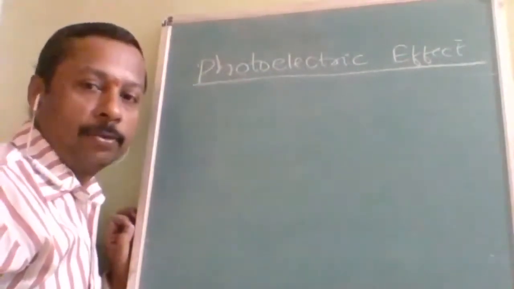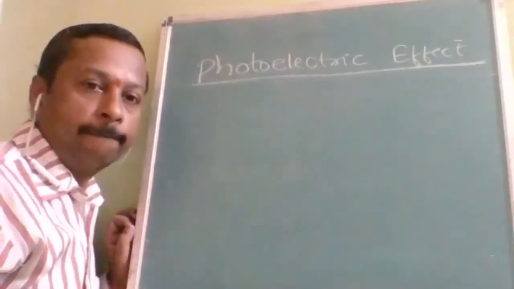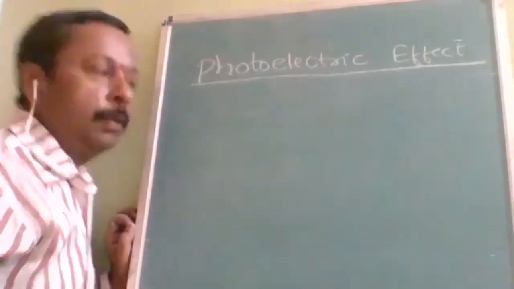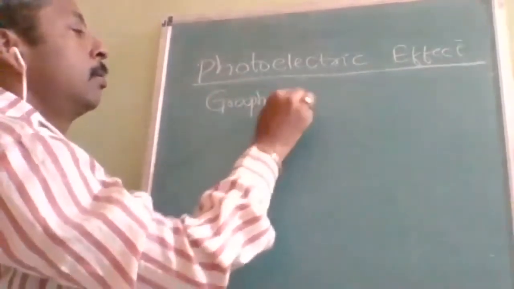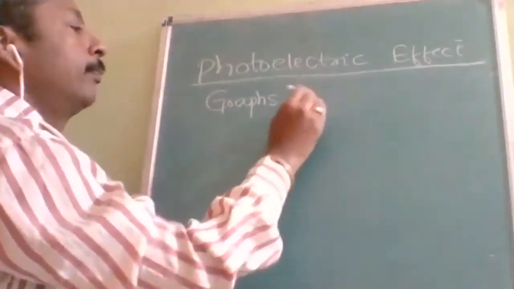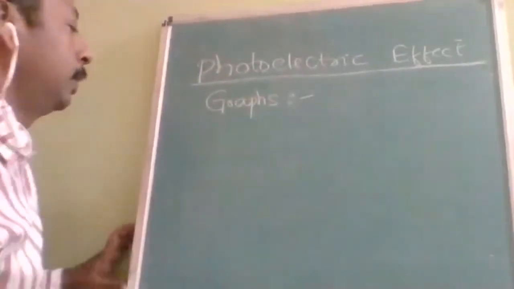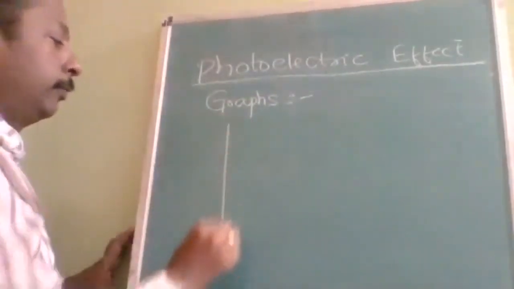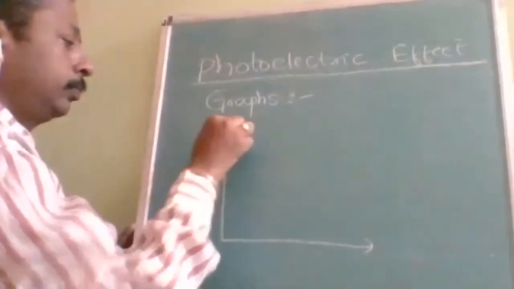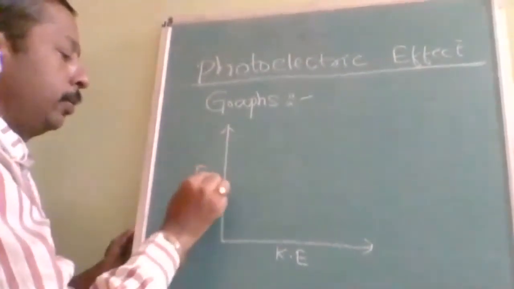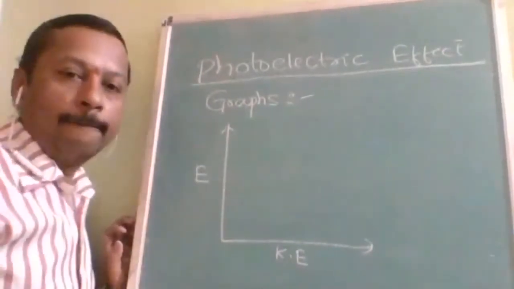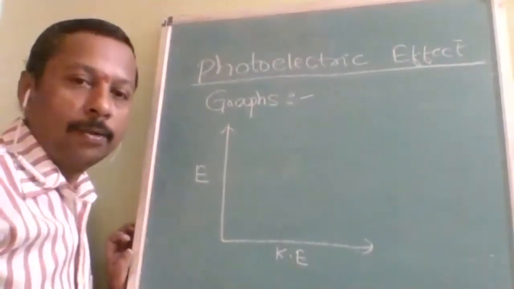Now we are going to study something about the graph. First, let us take the graph with respect to kinetic energy and threshold energy.